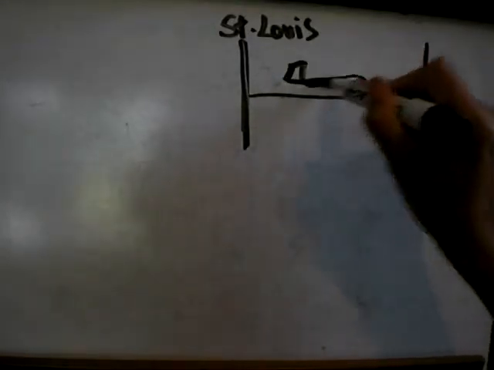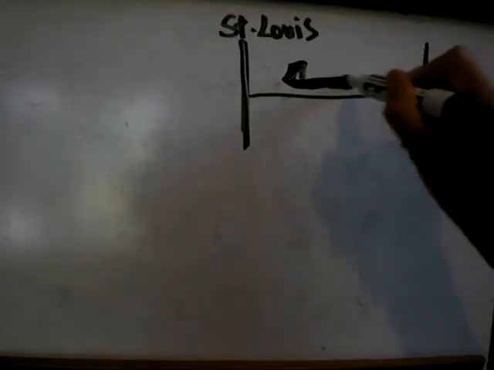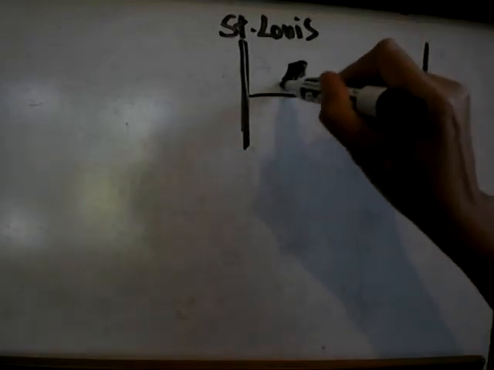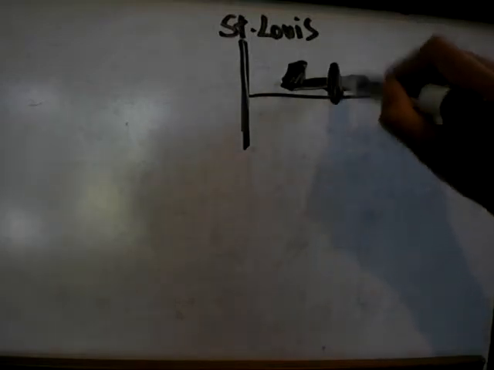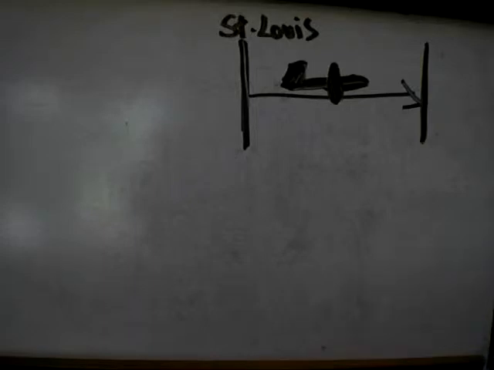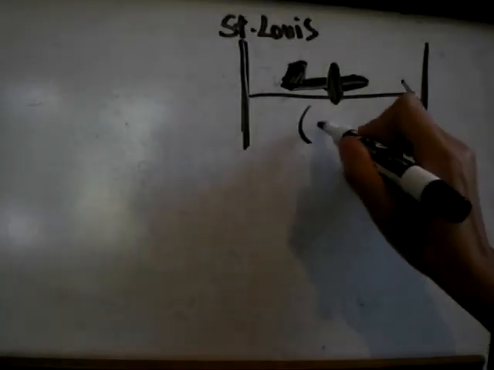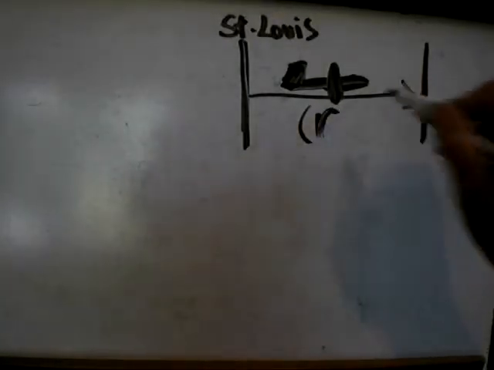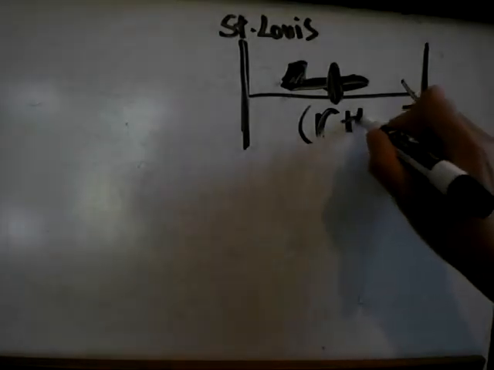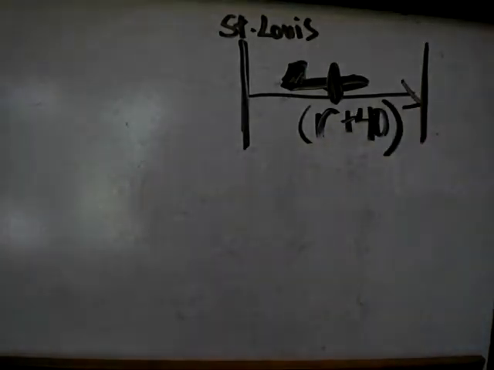Forgive me, it's not going to be the greatest little picture of a plane. That's the one going east, and they said that the one going east is going at a speed that's 40 kilometers an hour greater than the other one. So here's its rate, and we know that it's the rate plus 40.